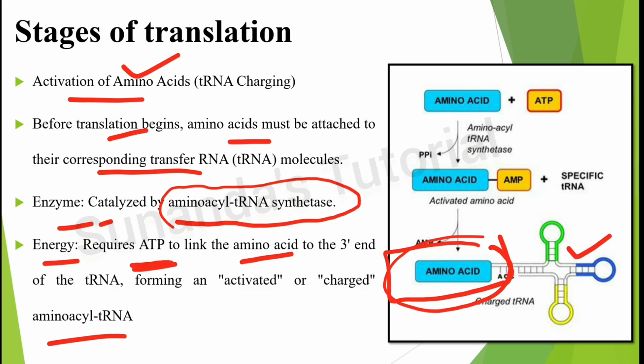The amino acid first links with ATP, then forms amino acid AMP by removing 2 phosphate groups. Then it links with a specific tRNA at its 3' end to form charged transfer RNA or tRNA.